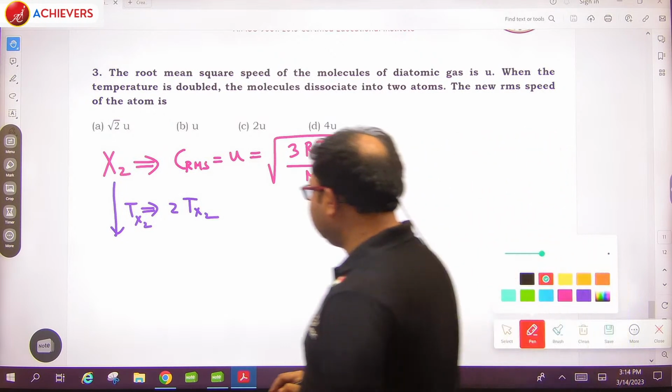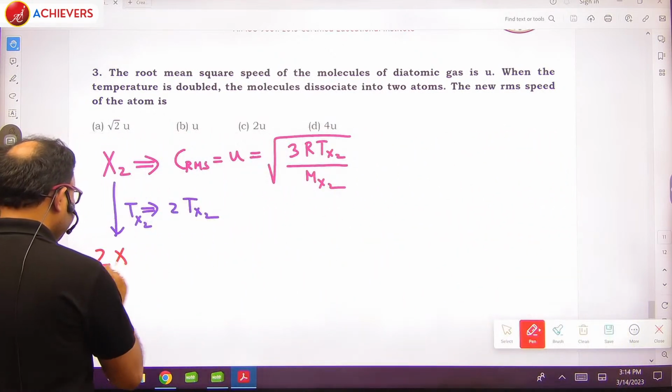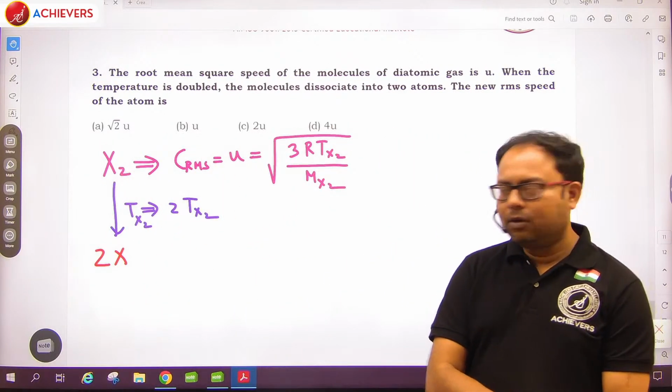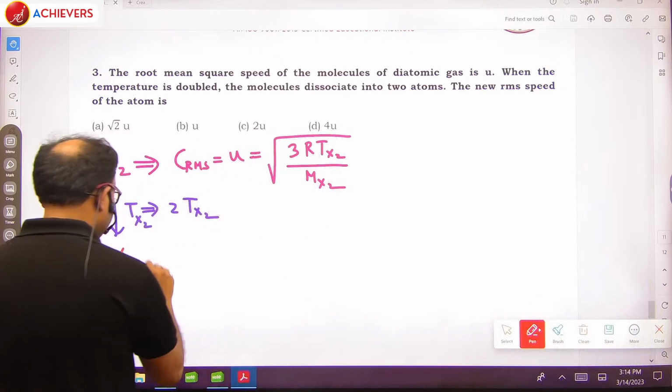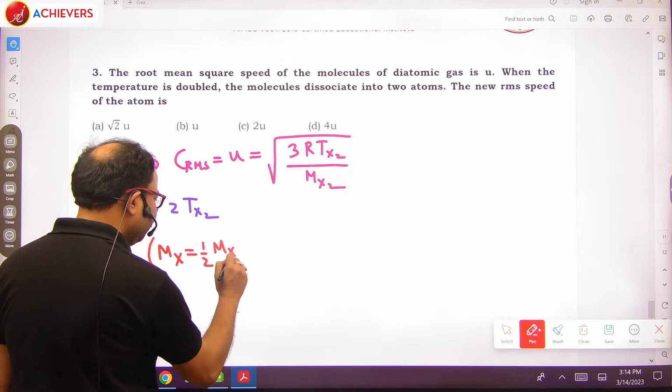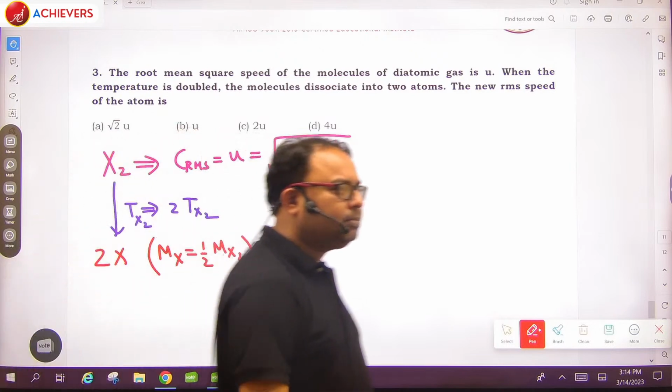The molecules dissociate into two atoms. Obviously, now the molar mass of X is half of Mx2, since it dissociates into two atoms.